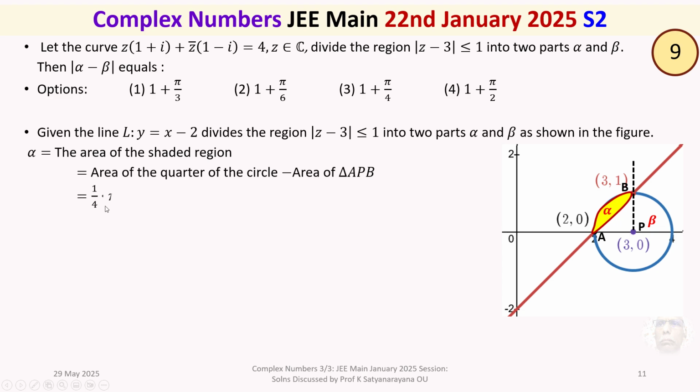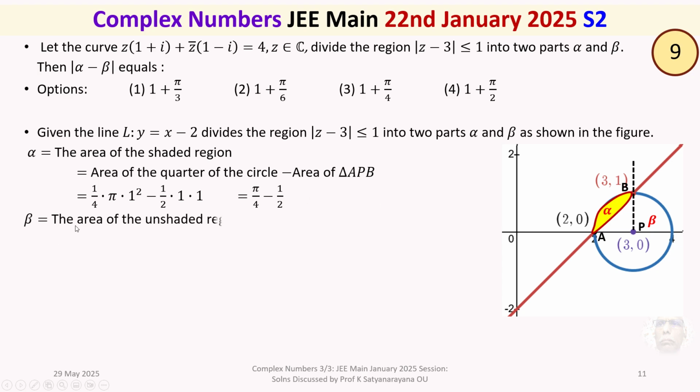So this is 1/4 of the area of the circle with radius 1, therefore πr², π into 1², 1/4 of it, minus the area, which is half of the base 1 into height 1. So it will be π/4 − 1/2.